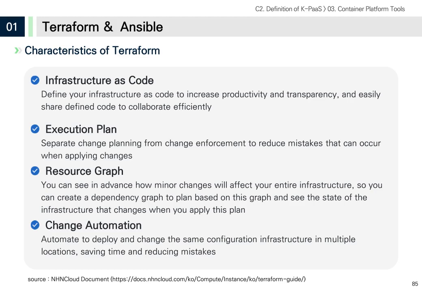Third, you can see in advance how small changes will affect your infrastructure as a whole, so you can build a dependency graph plan based on that graph and see how the state of your infrastructure changes when you apply your plan. Fourth, you can automate the deployment and change of infrastructure with the same configuration in multiple locations, saving time and reducing mistakes.